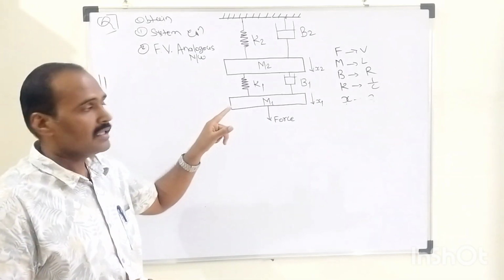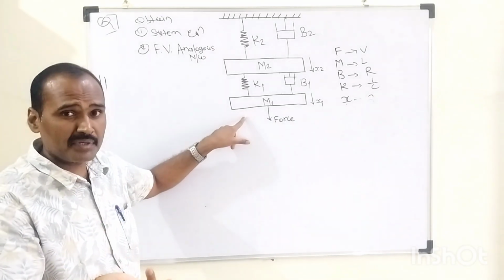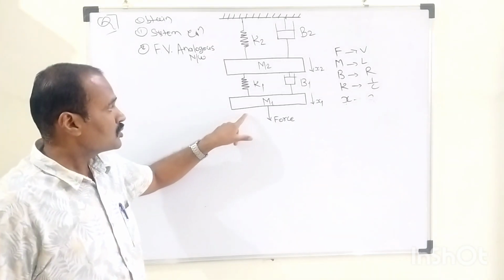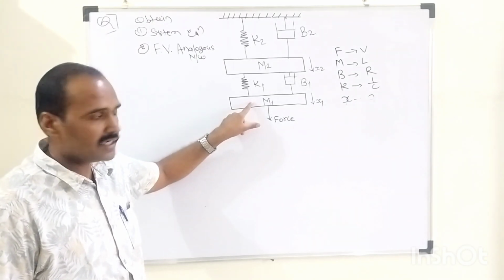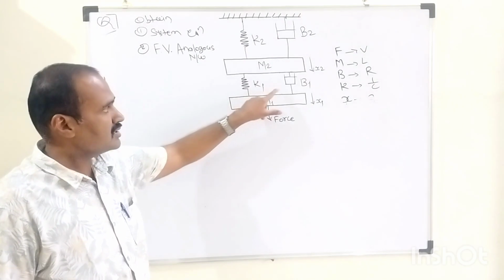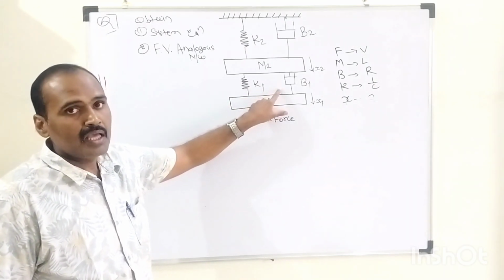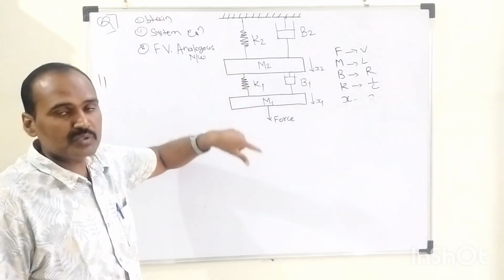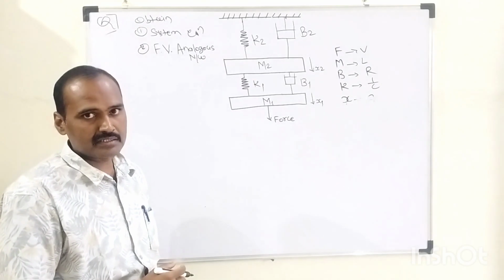As you can see, there are three basic components: M stands for mass, K stands for spring, and B stands for damper, or we can call it a frictional element. First, we need to observe how many elements we have in this given mechanical system.